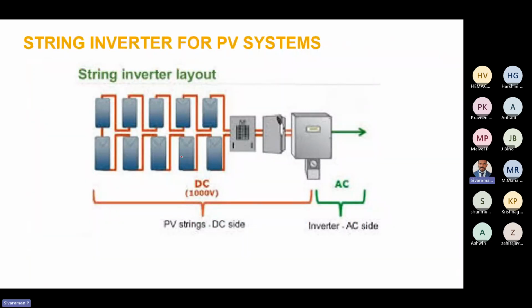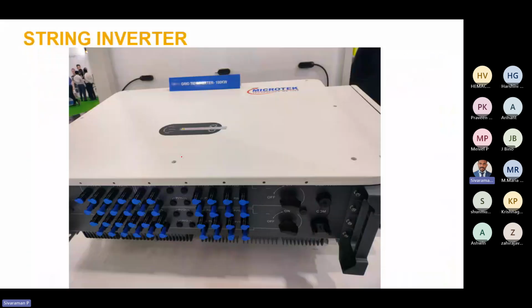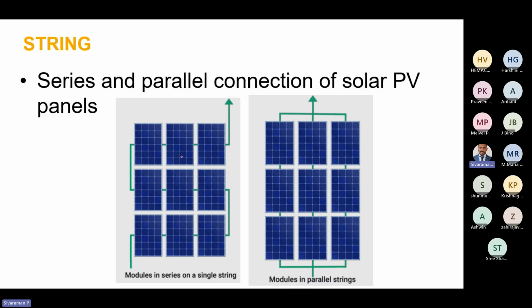I will continue with today's session. In the last session, we saw that a micro inverter and a string inverter are used for rooftop-based applications. I told you that for a string inverter, we need to form the stringing.